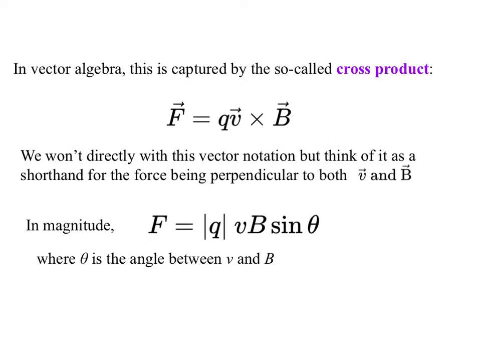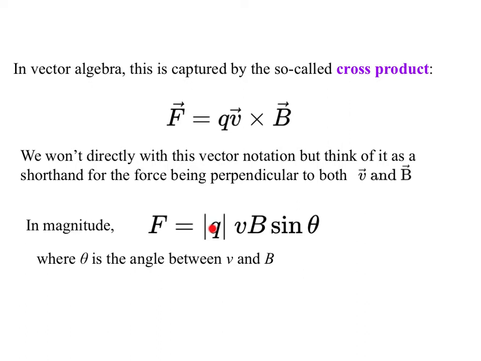We won't do a lot with this vector notation, but we can think of it as a shorthand for the force being perpendicular to both v and B, because cross products are always perpendicular to the two things plugged into the cross product. I at least will probably say, remember the force is qv cross B. You're not expected to compute algebraically what v cross B is, but it reminds you that it's a cross of the two, so it's always perpendicular.